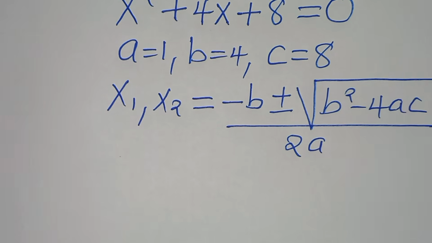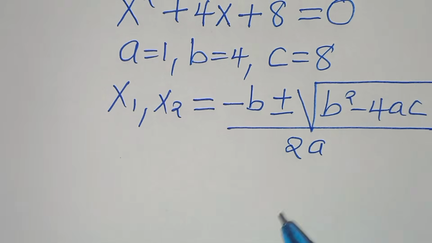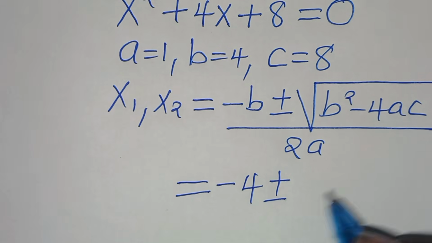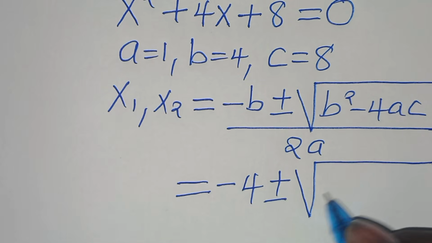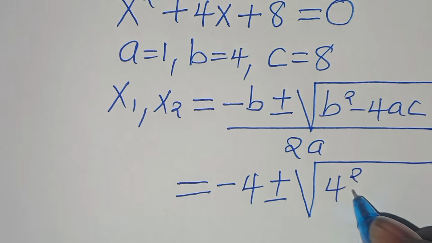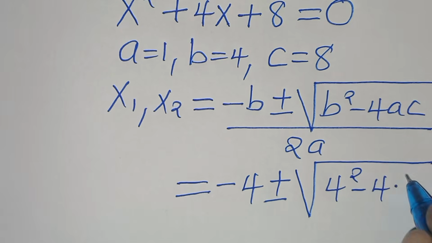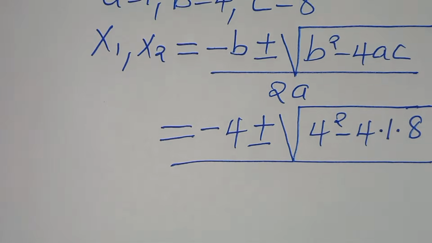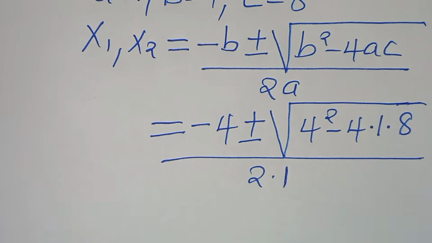So let's substitute the values of a, b, and c, so that now we have negative 4 plus or minus the square root of 4 to the power of 2, subtract 4 times a, which is 1, times c, which is 8, everything divided by 2 multiplied by 1.